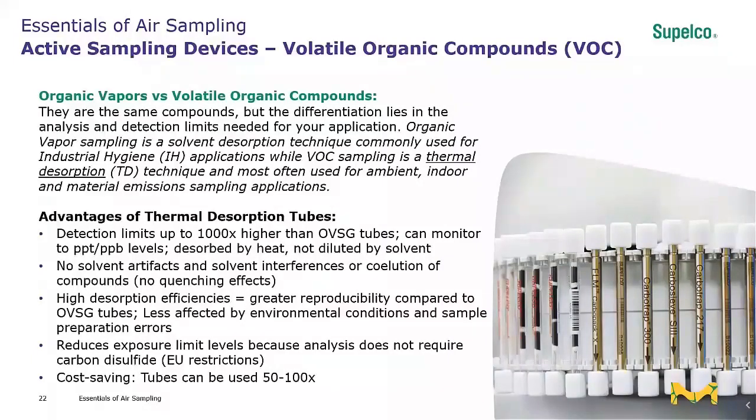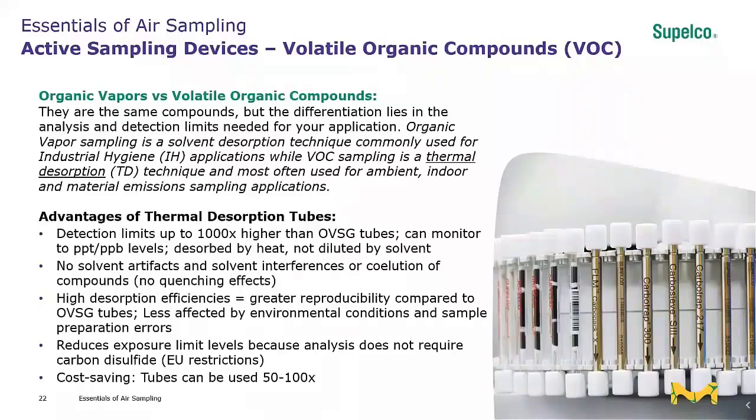So while they are pretty much the same compounds, there are some differences in the sampling techniques. So when you are sampling for organic vapors or volatile organic compounds, you can choose to use two different device types. In the previous slide, you saw an example of a glass sorbent tube with coconut shell charcoal.